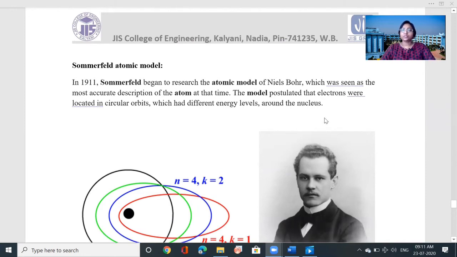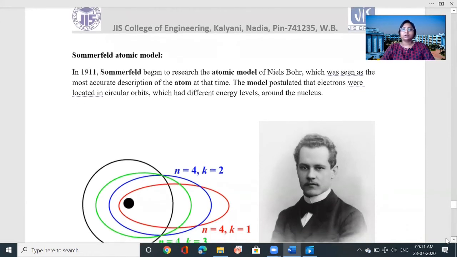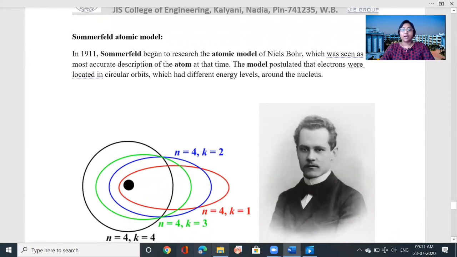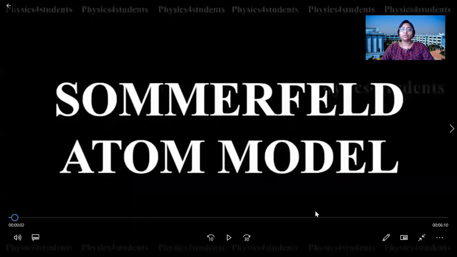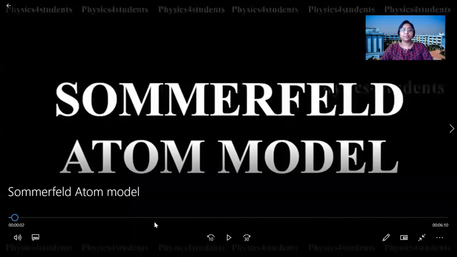The model postulated that electrons were located in circular orbits which had different energy levels around the nucleus. So, I am showing you the video, you can understand better.